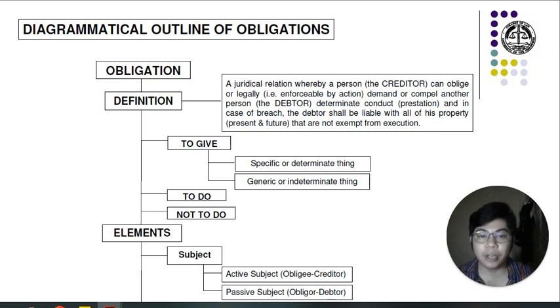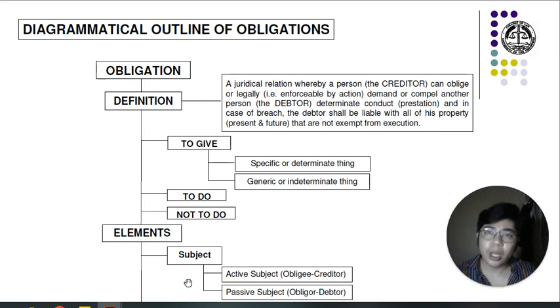After that, he is the one who demands the fulfillment of the obligation. So the act there is to demand the fulfillment of the obligation. That is why the creditor becomes the active one. While the passive one has nothing to do; if the creditor does not demand, the debtor may not pay, right? So that is why he is called the passive subject.